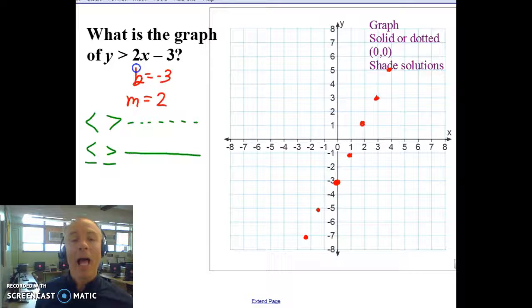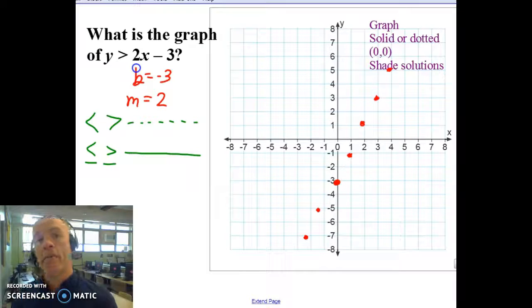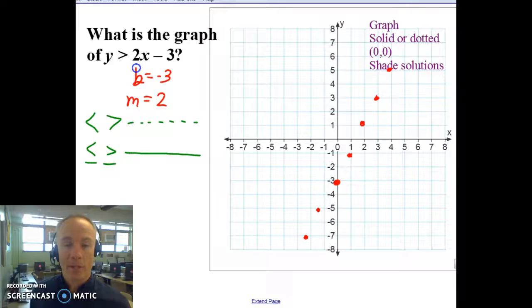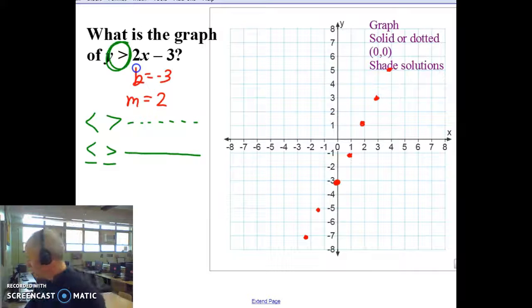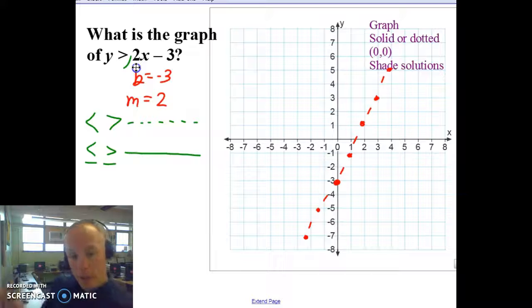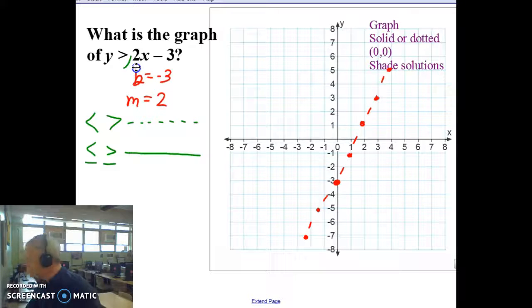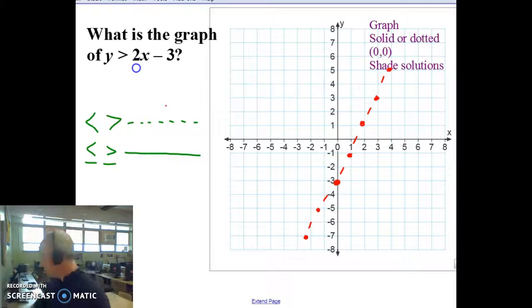If you have a solid line, what you're suggesting is that every single coordinate pair on that line is a part of the solution. In this case, we have a greater than symbol, so therefore we need to use a dotted line, which we kind of already have. So that means all of those coordinate pairs on that line are not solutions. Let's find out if that's true.